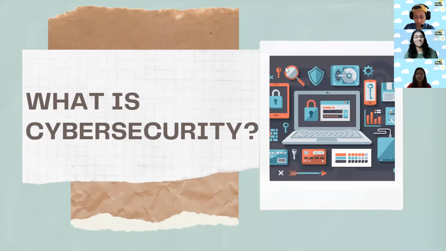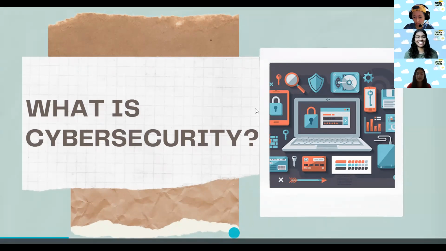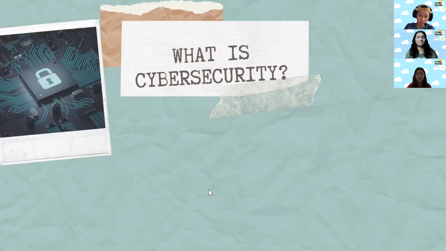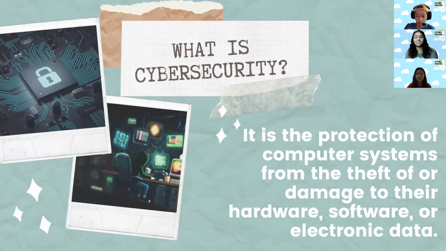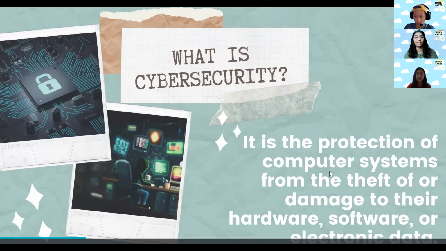So first of all, if anyone has a few ideas, you can put them in the chat or unmute. What do you think cybersecurity is exactly? Anyway, the jumbo definition is basically that cybersecurity is the protection of computer systems from theft of or damage to their hardware, software, or electronic data.